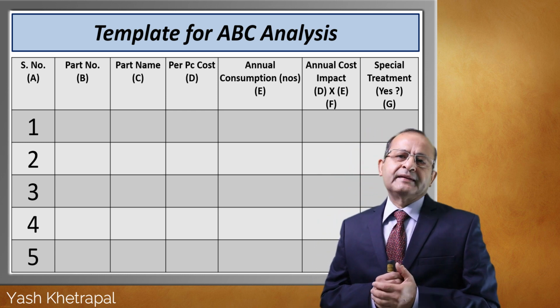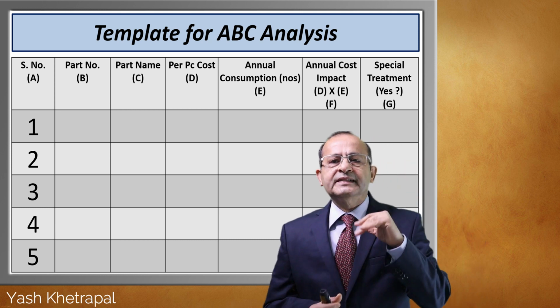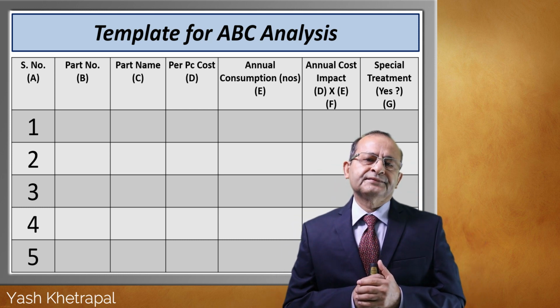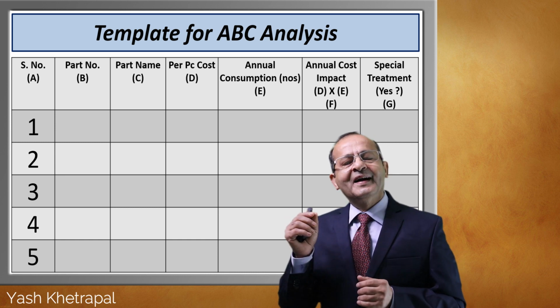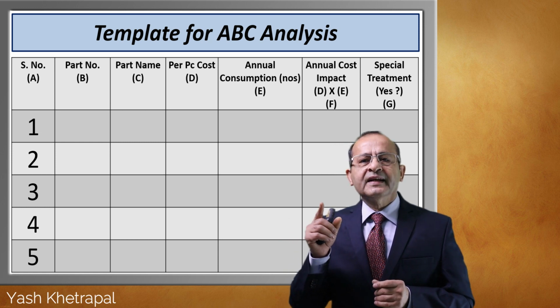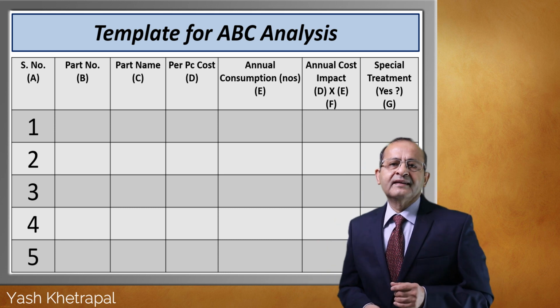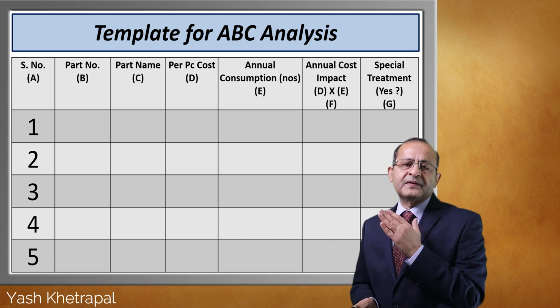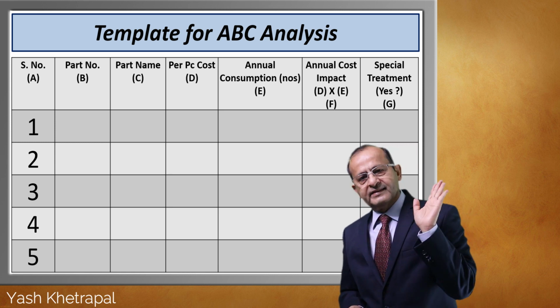But should we call it C class? No. Since per piece value is high, what do we do? We flag it. There is one more column, special treatment. We flag it Y. And then we put up a filter. All Y items we separate out, and even those items are A class.